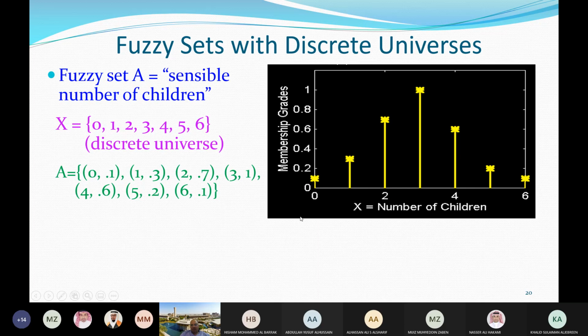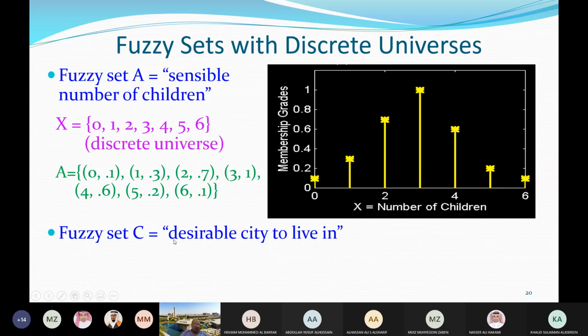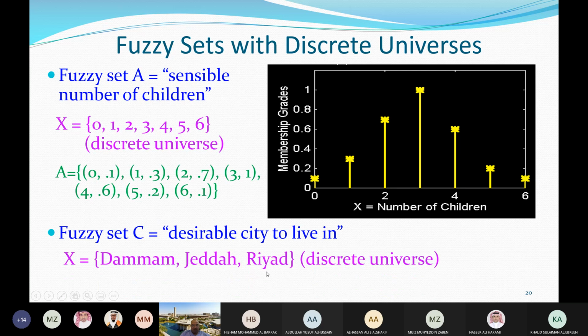As you can see here, the universe of discourse is discrete. You can have also a fuzzy set. You can define a fuzzy set as a desirable city to live in. What are the desirable cities to live in? You can say, for example, Dammam, Jeddah, Riyadh. So these are the universe of discourse, which is of course discrete.